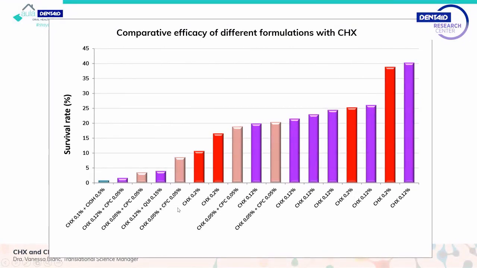And you can see that this is a formulation that works much better than the other formulation with the same concentration of chlorhexidine. Here you can see marked in purple all the formulations tested of chlorhexidine 0.12%.